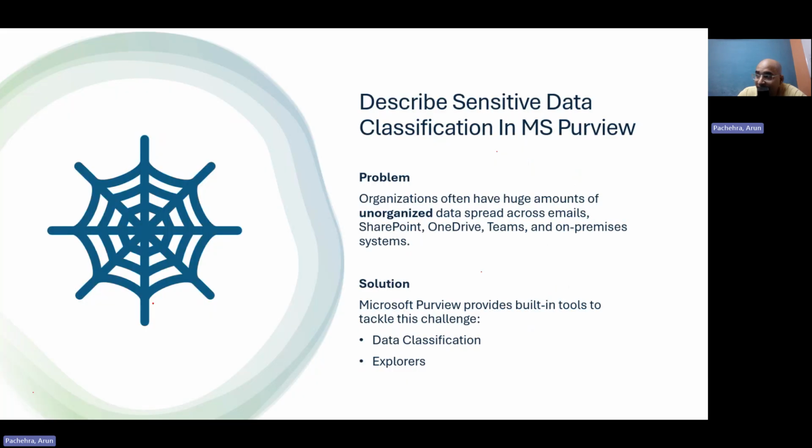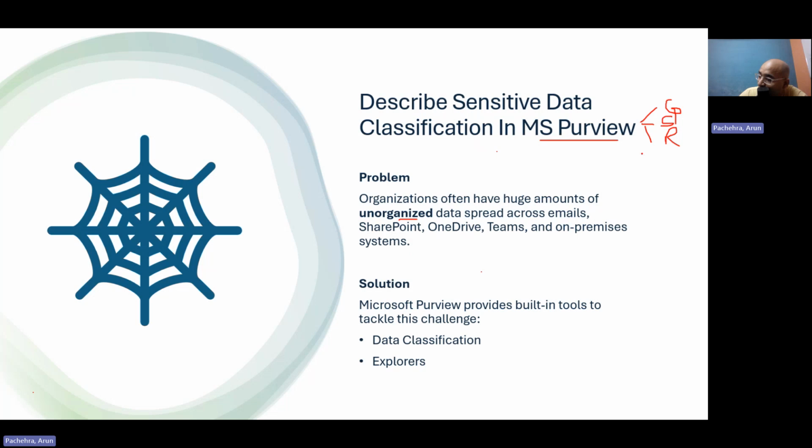So in order to understand this topic, there is a problem statement which says organizations have a huge amount of data which is spread across email, SharePoint, OneDrive, Teams, and on-premises systems. This is usually unorganized data. That's the reason we need Microsoft Purview. If you remember, it was doing three things which I have shown in our previous video: data governance, data security, risk, and compliance.